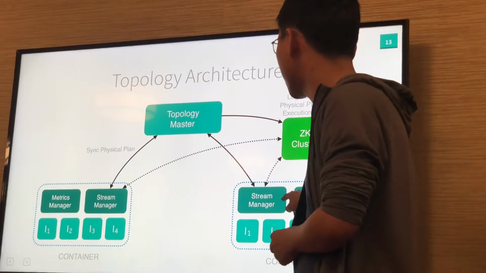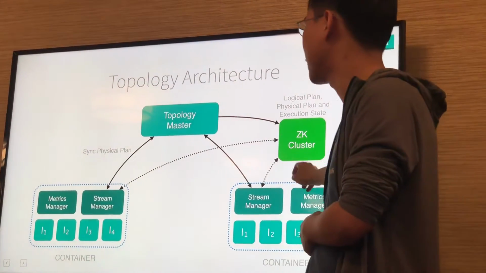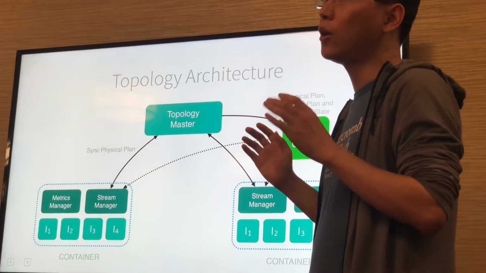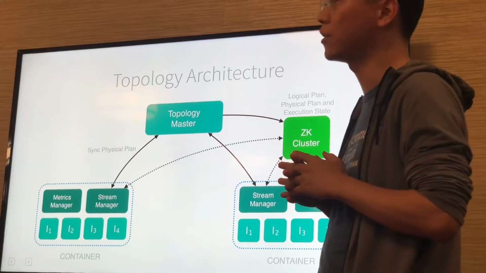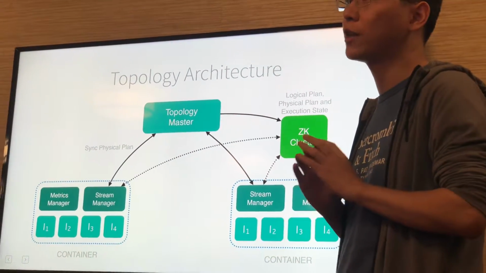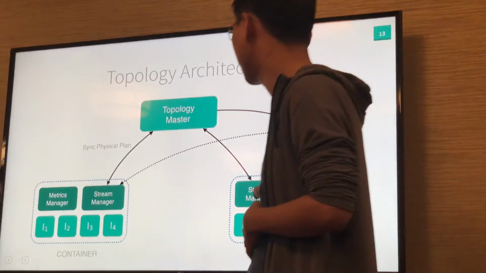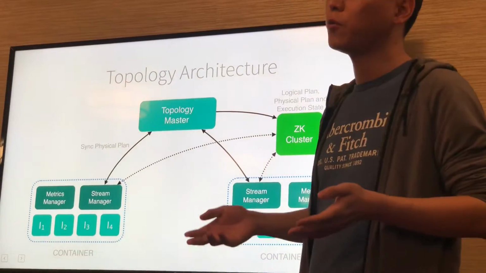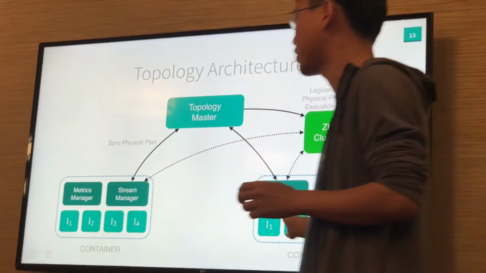Then the stream manager reads the topology master location from ZooKeeper and tries to connect to the topology master. Once all the stream managers are connected, the topology master knows where everyone is, so it broadcasts this location information to every stream manager. The stream managers then know where each other is, and try to connect to each other.